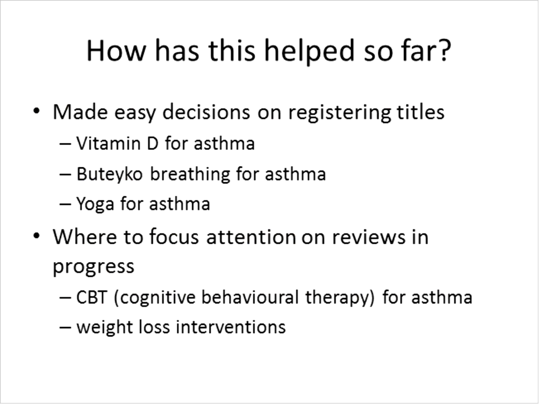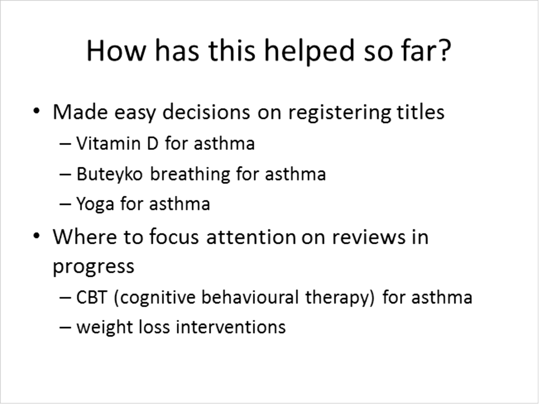So how has this helped the Cochrane Airways Group so far? Well, we've been able to make easy decisions on registering titles. Three examples are vitamin D for asthma, breathing techniques for asthma, and yoga for asthma. We know that these are very important to patients, even though they might not be so important to the NHS according to some other tools that we can talk about a little bit later.